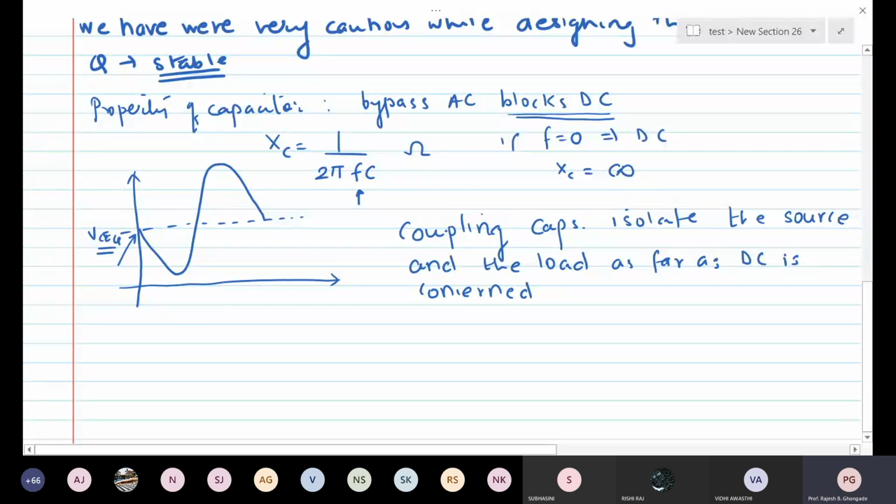So coupling capacitors will isolate the source and the load as far as DC is concerned, but we want the AC signal to pass through.